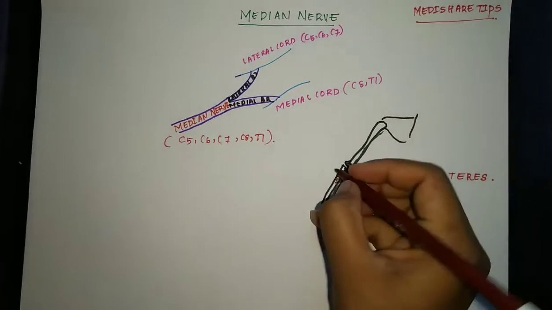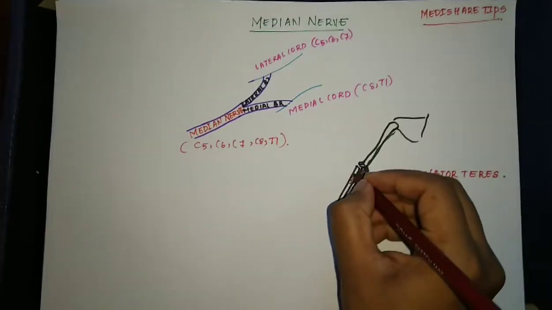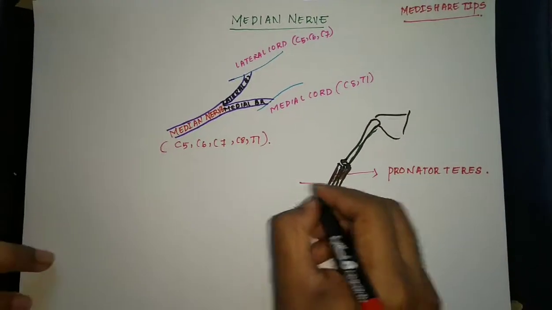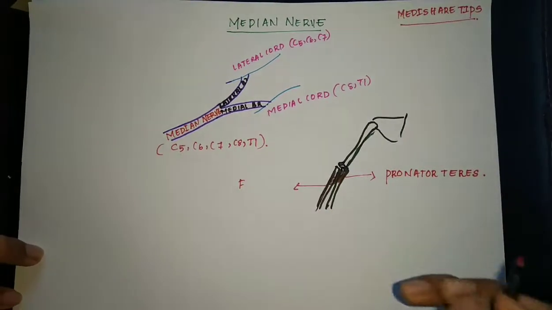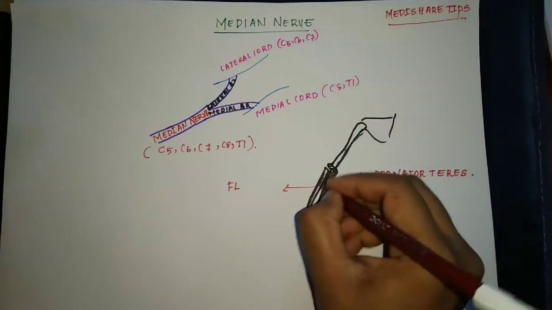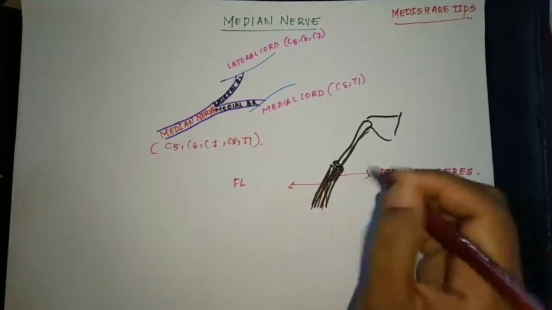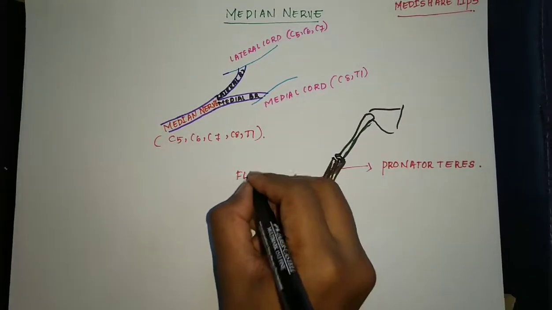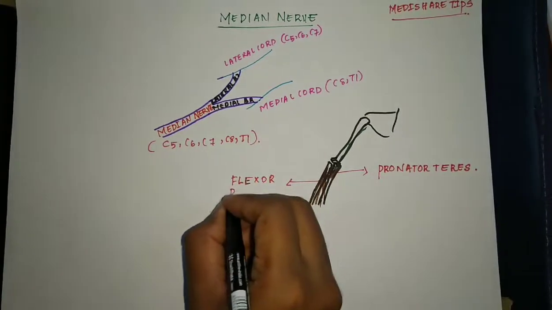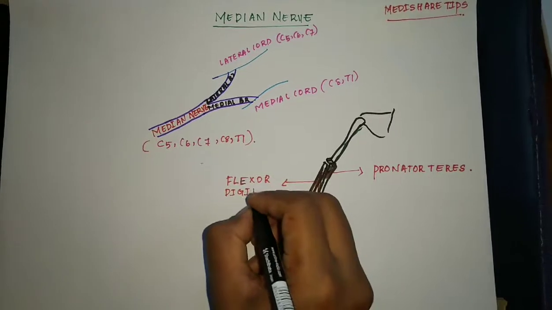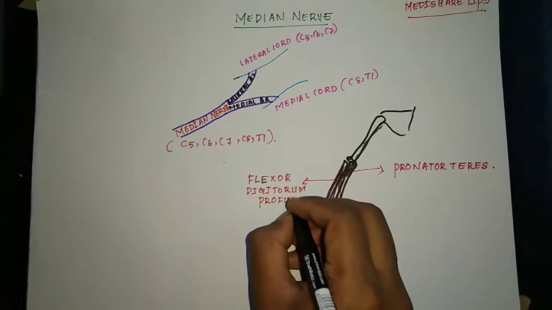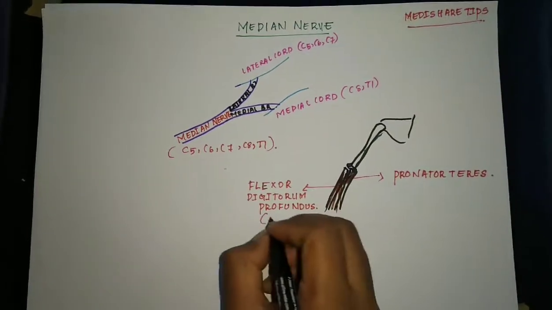It supplies two main muscles, that is flexor digitorum profundus, lateral half.